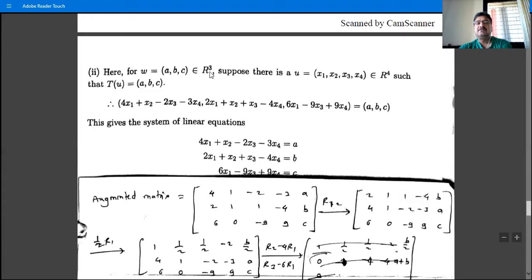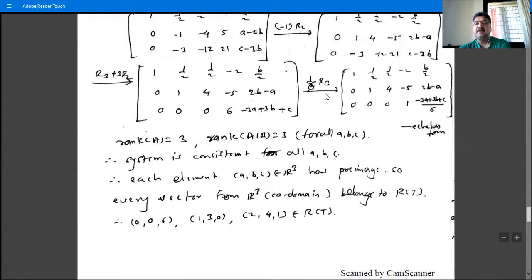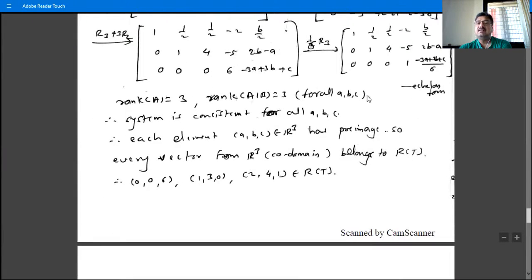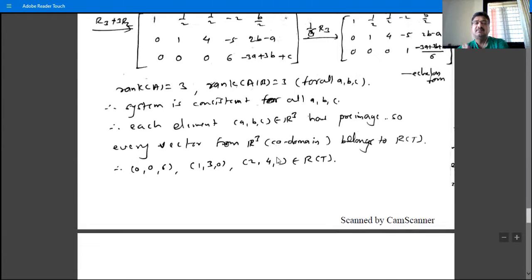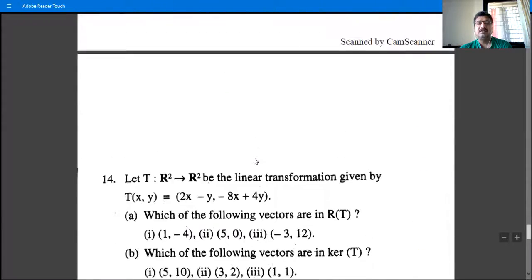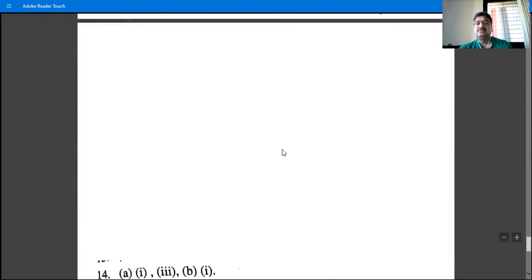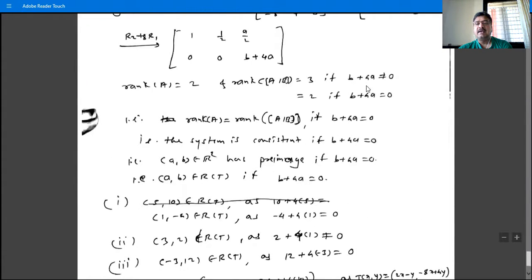Then convert the system to an augmented matrix, and if the rank of A and rank of AB are equal for all a, b, c, then every element of R^3 has a pre-image. But I think this is not the case; in this example find the condition like this.